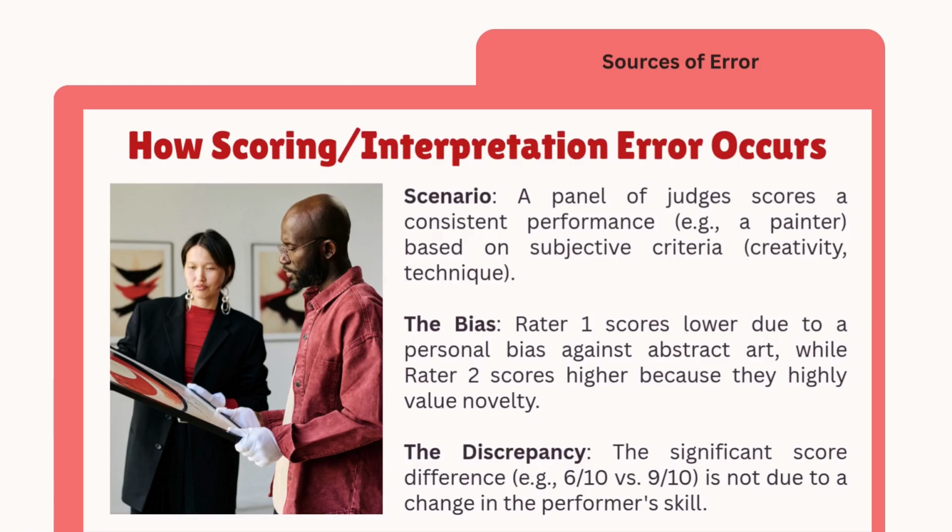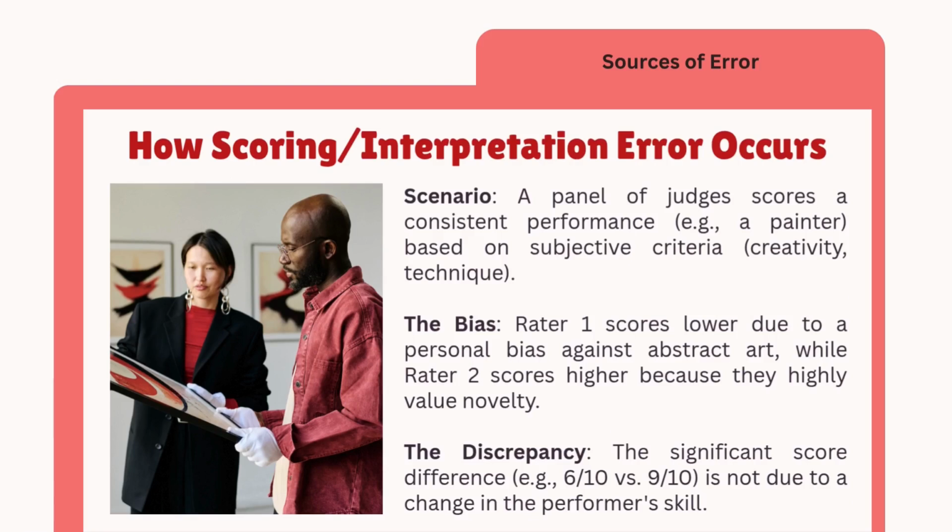They are supposed to evaluate on 3 categories: creativity, technique, and presentation. But here comes the bias. Rater 1 personally believes that all modern abstract dance is messy and not real technique. However, Rater 2 loves pushing artistic boundaries and values novelty and abstraction.